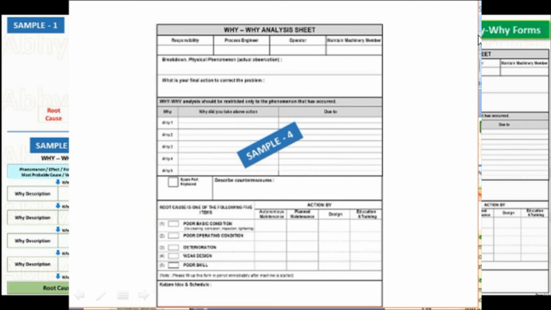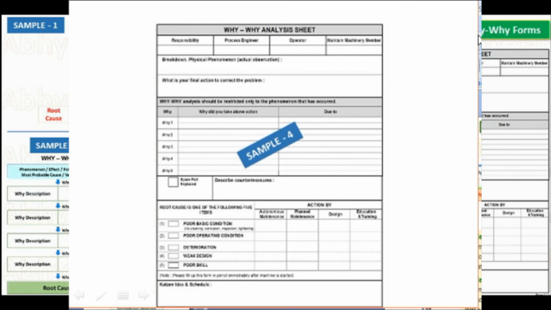Then for the why, you give the 5 whys, due to this was the reason. Then on another side you give one or two explanations of how you can use this format and how it will help you in finding the problem and the solution of the root cause of the problem.